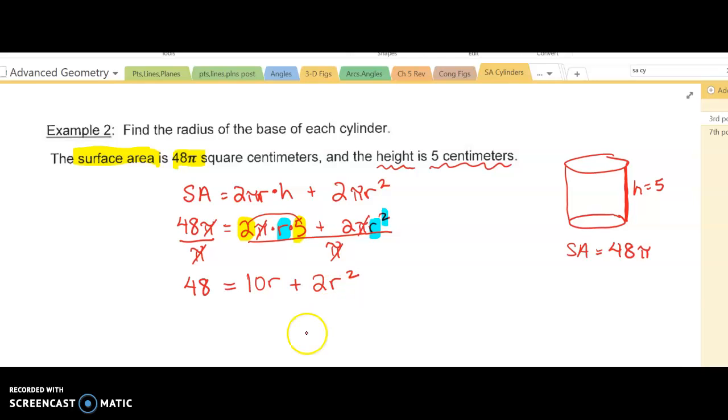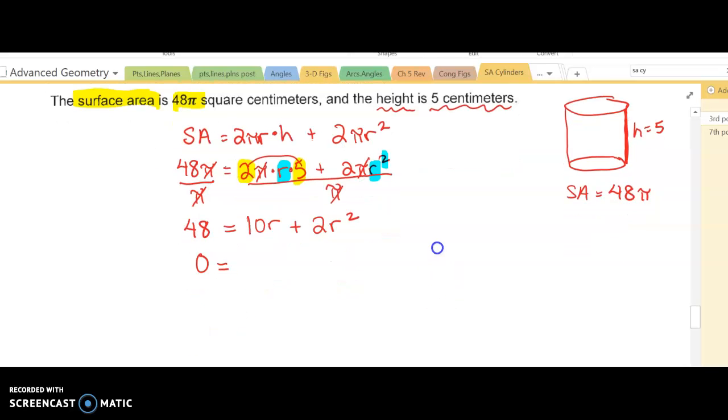So let's rearrange the order of things here. Let's set this equal to 0 because that's our strategy anytime we want to solve a quadratic. So I'm going to move this 2r squared to the front of the equation, move the 10r to the middle so that this can be in standard form, and then subtract 48 from both sides, so minus 48.